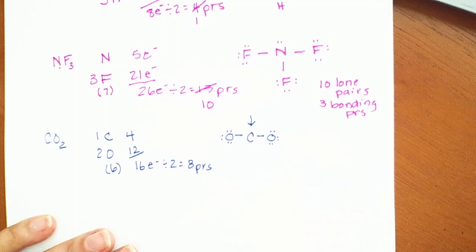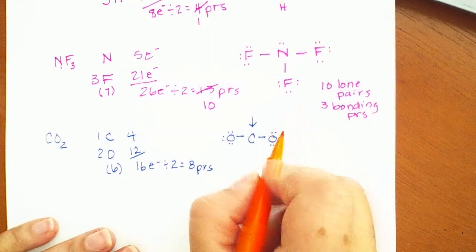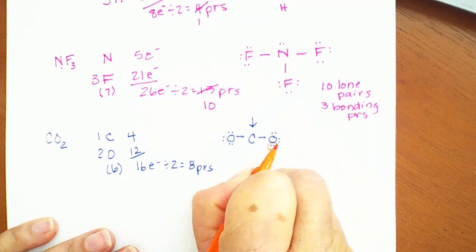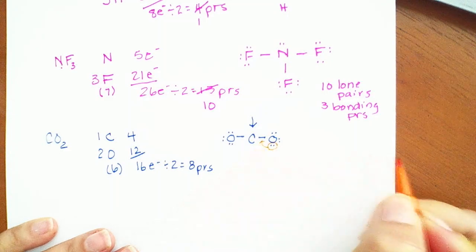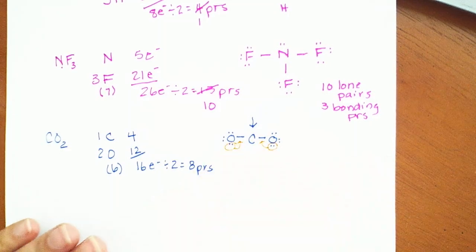Now remember what I said about covalent bonds, they share. So what we're going to do is take this pair and put it in here, and take this pair and put it in here. And so the carbon and the oxygen will share those electrons.